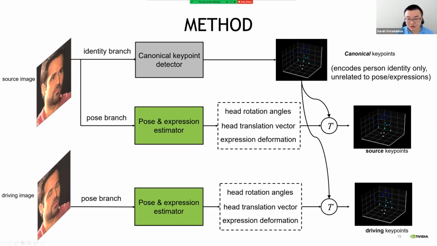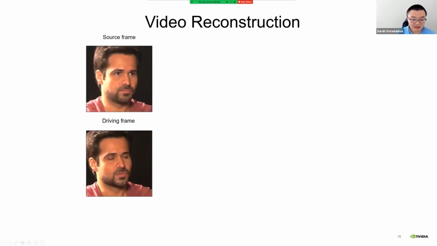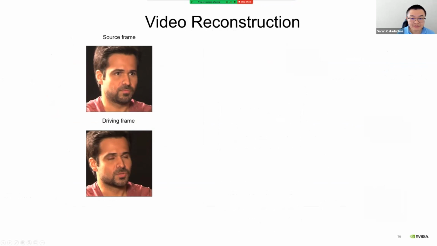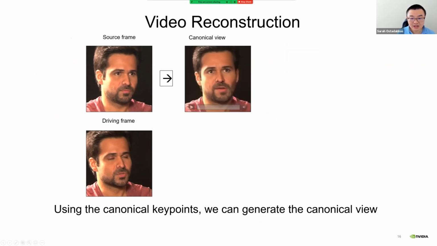All right. So of course this is the same module, so shared weights. Now let's take a look at the function of each element here. For the source frame, this is a canonical view.